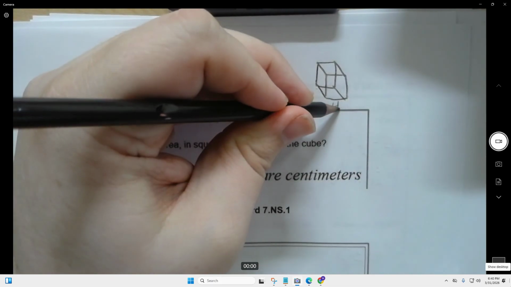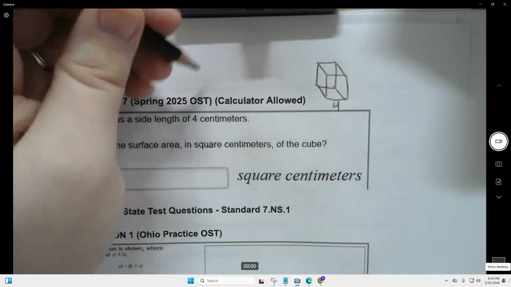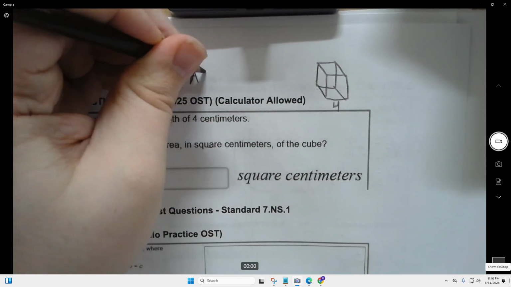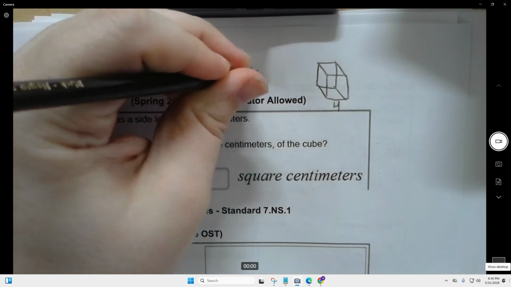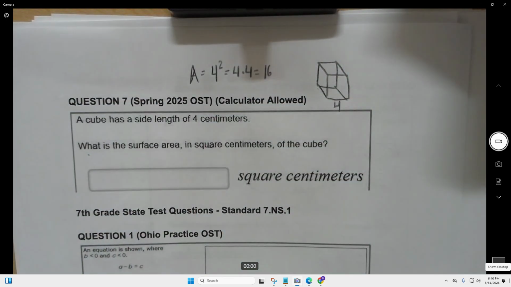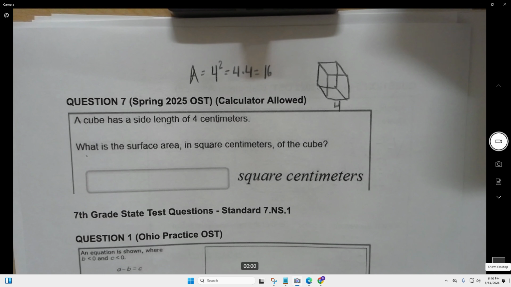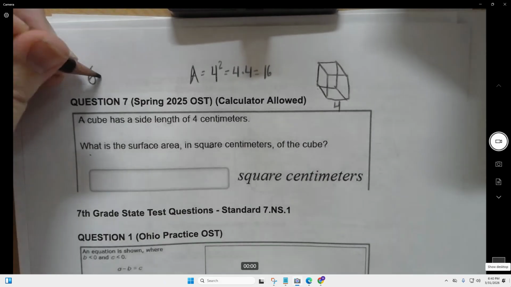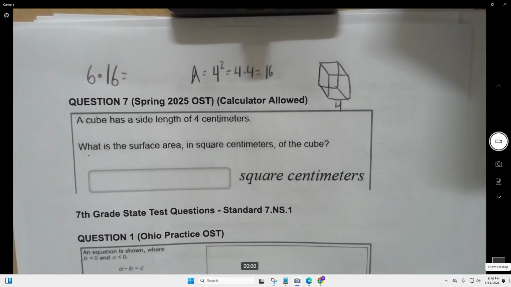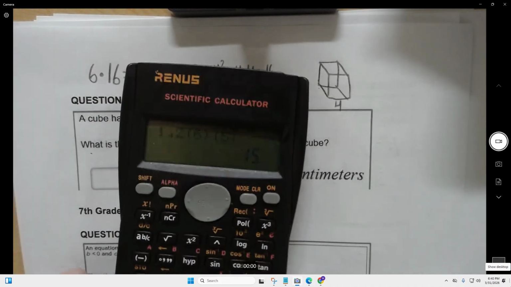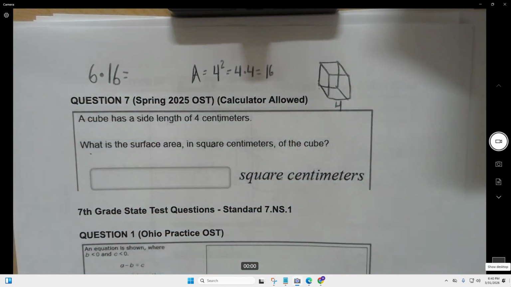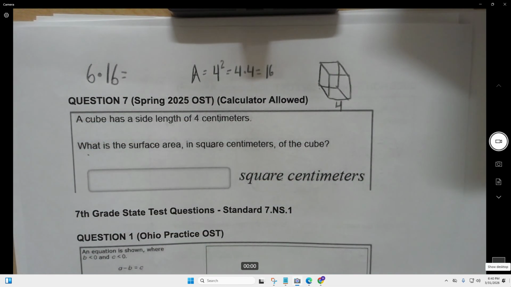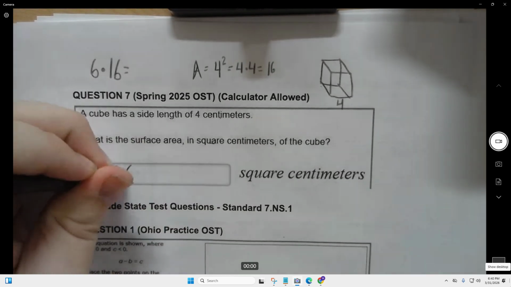If it has a side length of 4, that would mean it has an area of 4 squared. 4 squared is 4 times 4, which is 16. Then you need to account for all 6 sides of the cube. So it is 6 times 16. Calculators allowed. 6 times 16 is 96. And that is your answer.